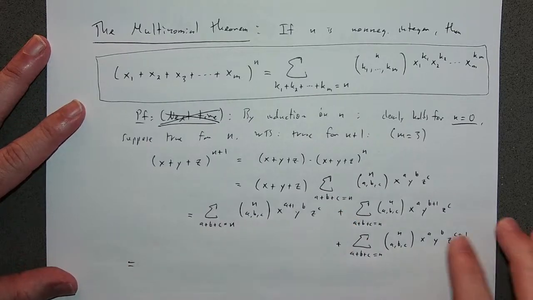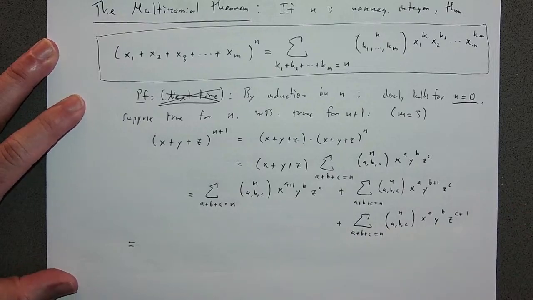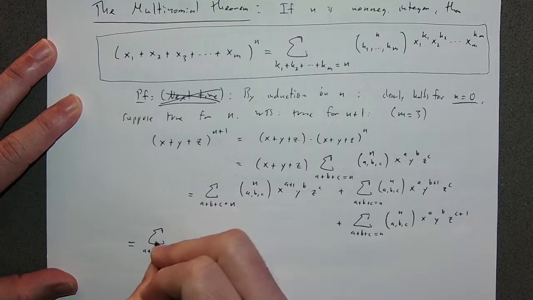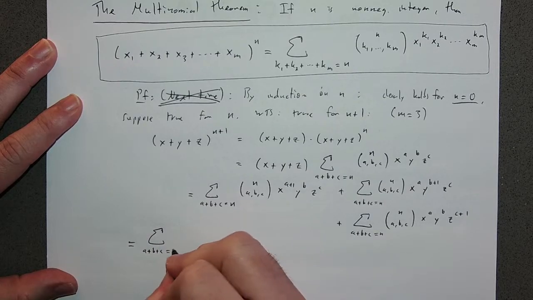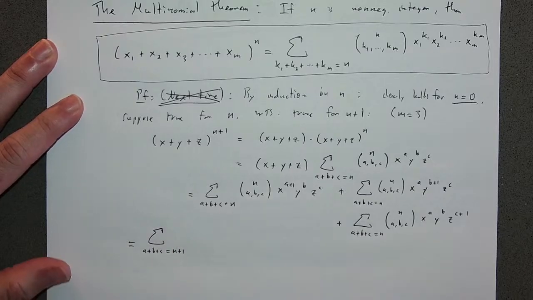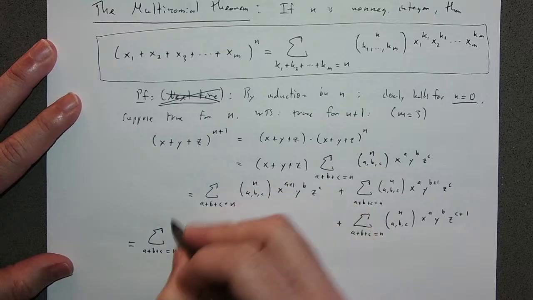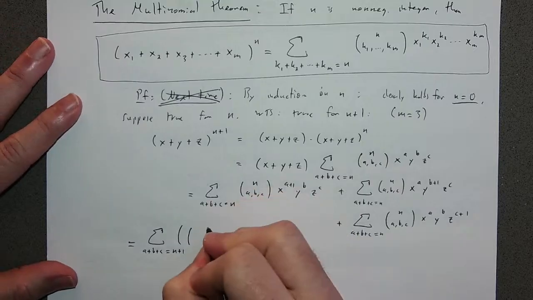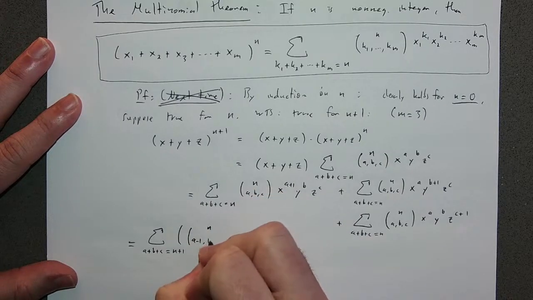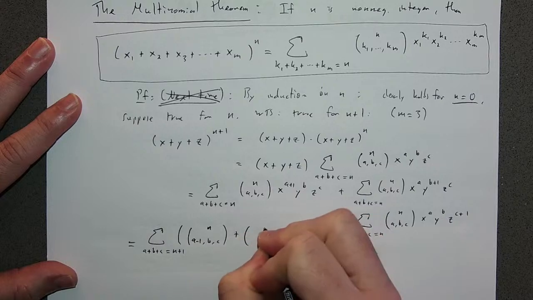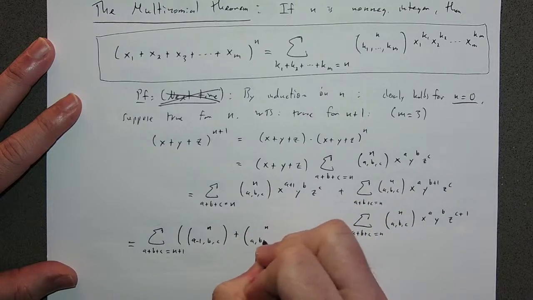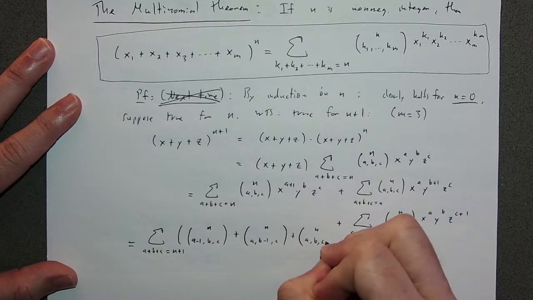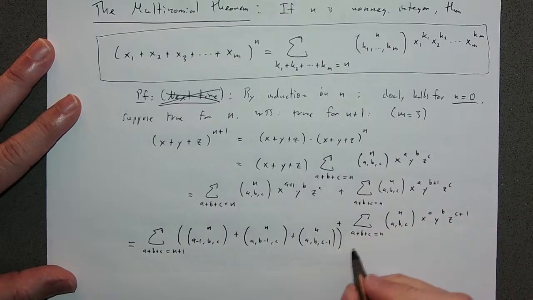By grouping like terms, I can rewrite this as a sum over a, b, c such that a plus b plus c is equal to n plus 1 of the sum of three trinomial coefficients: n choose a minus 1, b, c, plus n choose a, b minus 1, c, plus n choose a, b, c minus 1, and all of those are multiplied by x to the a, y to the b, z to the c.